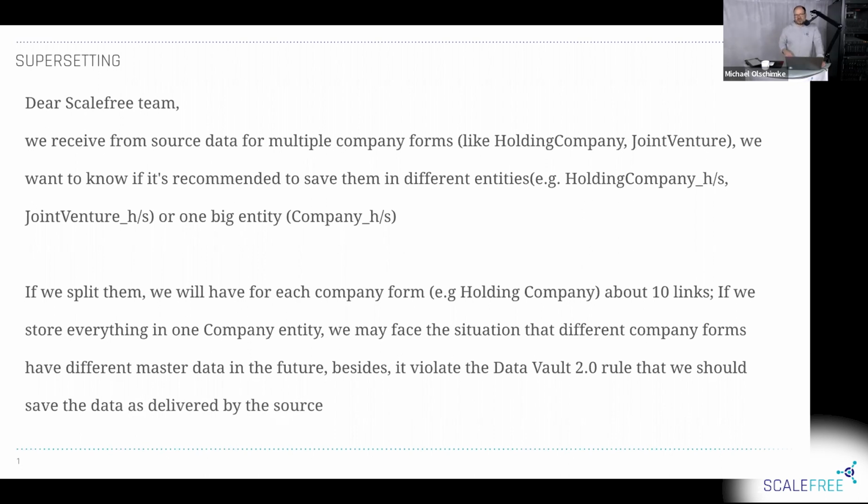I call this session supersetting, because you should avoid in the raw Data Vault putting different business objects, maybe of a hierarchy, into one hub, or breaking one hub apart. We always talk about the partner data set in insurance and other industries, where a lot of clients would like to subset the partner database from the source system into individual hubs, or combine multiple source tables.